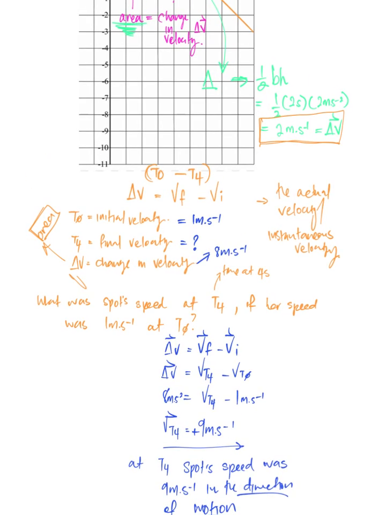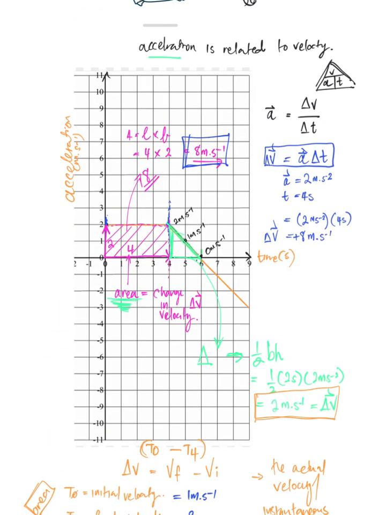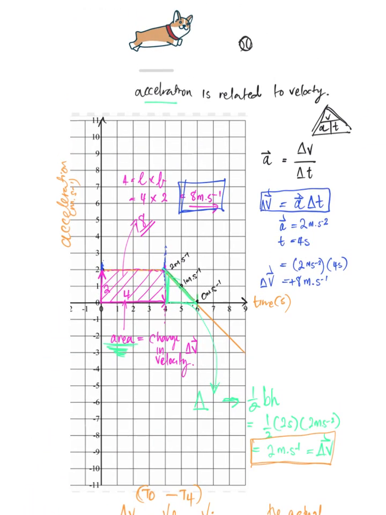So when I work with these kinds of graphs, the best thing that we need to understand is that if I have this graph and I work out the area, it's going to give me the change in velocity.